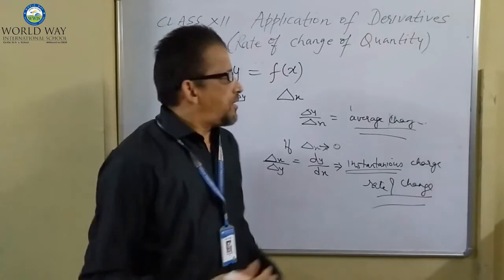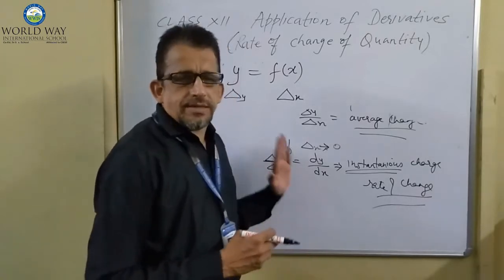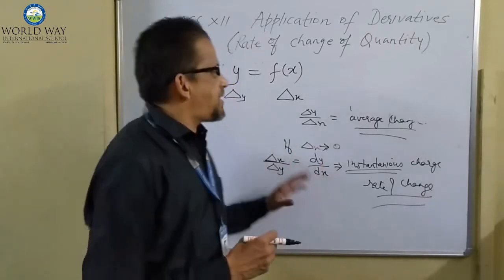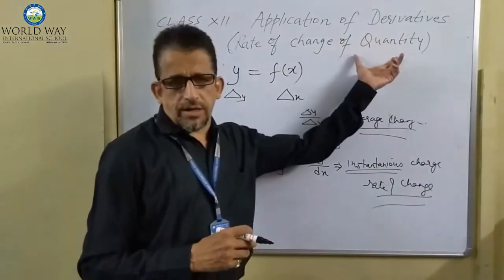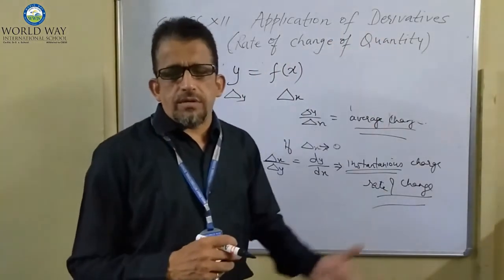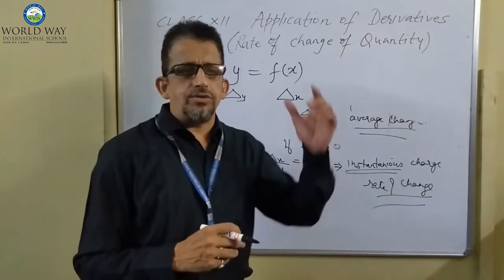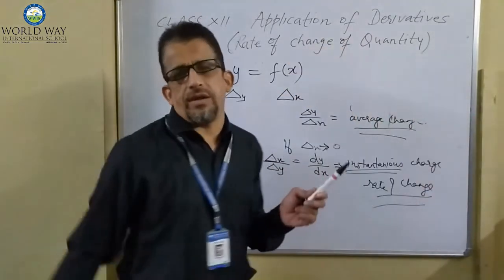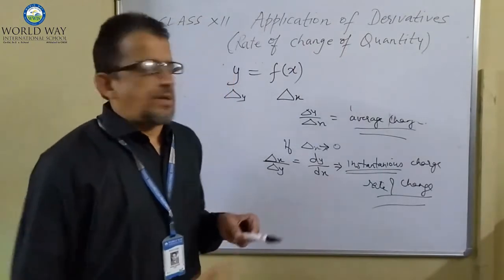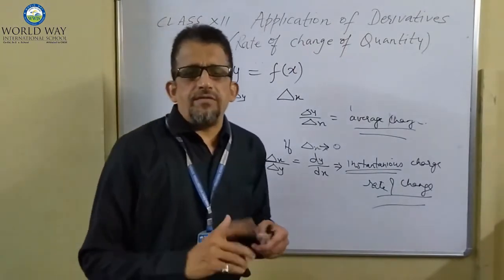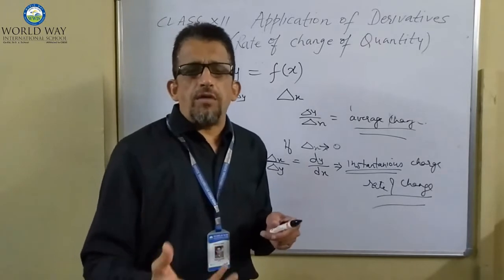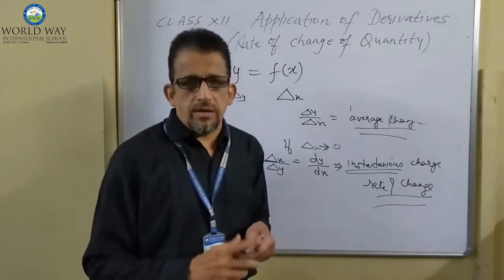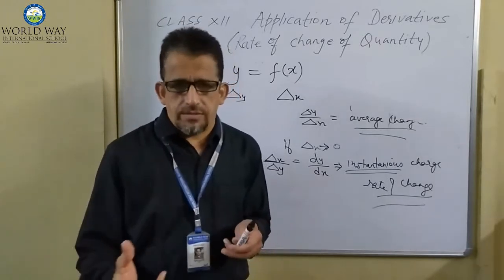cuboid and all. So our exercise 6.1 is based on rate of change of quantity, in which we have to learn how to find the change of a quantity with respect to one of the parameters given in the question. Suppose there is a change in the volume of a sphere with respect to radius.